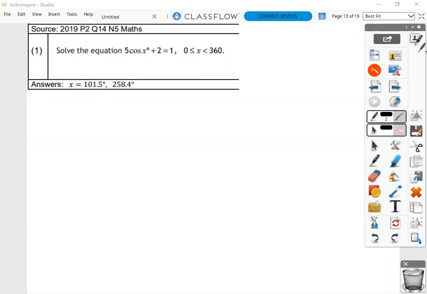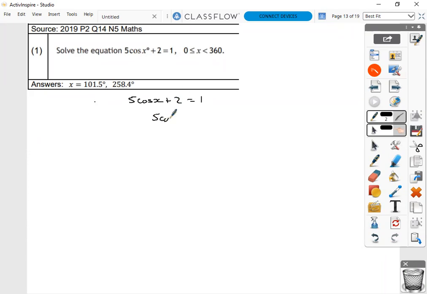So what we need to do, the first thing, is rearrange that so we're left with the trig expression on its own on the left-hand side. In this case, it's cos x. So I want to remove everything around that cos x so that it's isolated on the left-hand side. First thing I'm moving across is that plus 2.